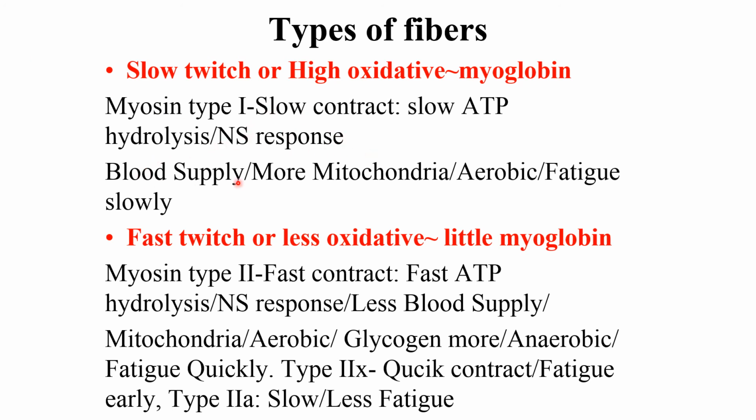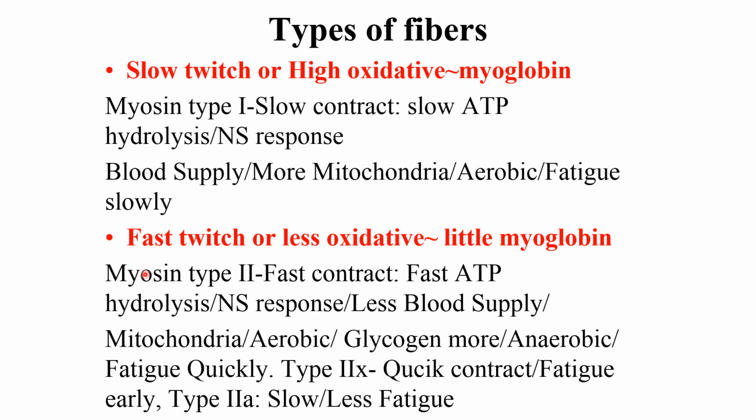The blood supply to these muscle fibers is more, and the number of mitochondria is more in order to make more ATPs. They are always aerobic, meaning they use aerobic respiration, and so can produce a lot of ATPs. Because they are contracting and relaxing slowly, they fatigue slowly.